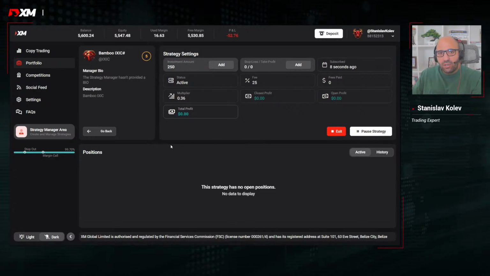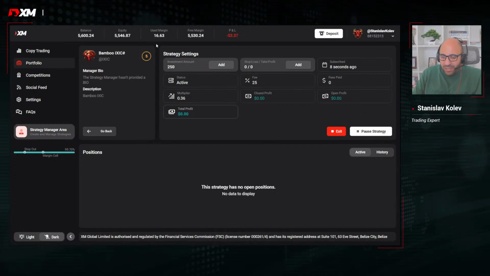Let's say that you're going on a vacation, but you have the psychology that you think a lot about the positions. You're going to get distracted, you're going to be checking your account constantly, and it's going to make a conflict, let's say, between you, your wife, your spouse, or whoever you're on vacation with.